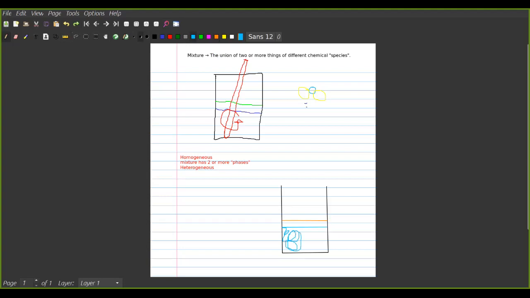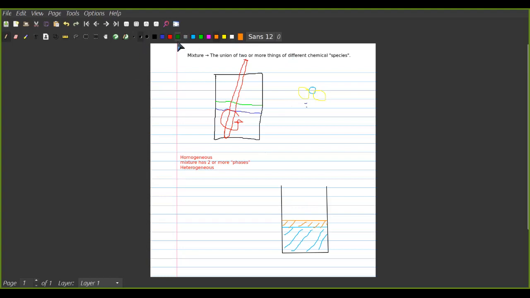We have water over here, and we have oil over here. We can see two phases. And we could have put something that has less density than oil, say air.